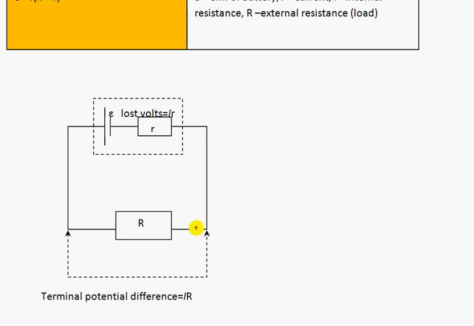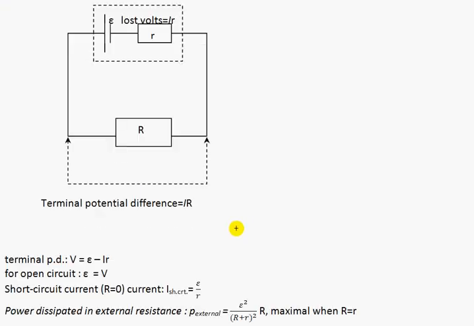So this is called terminal potential difference. Terminal potential difference is IR or EMF minus Ir. For open circuit, if circuit is open, resistance is very big, we actually measure EMF.